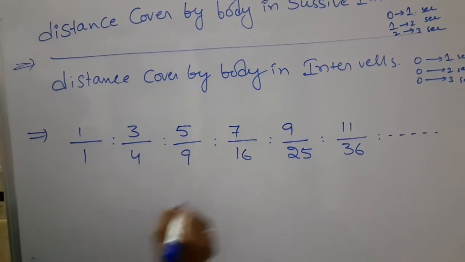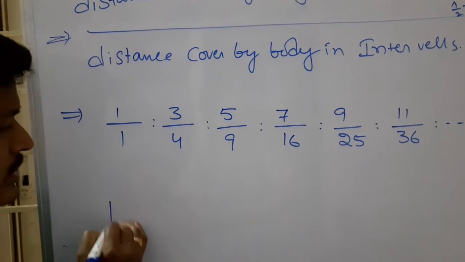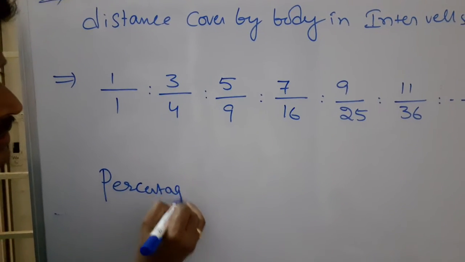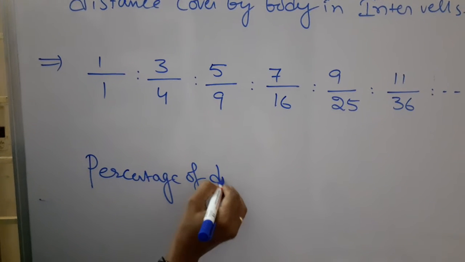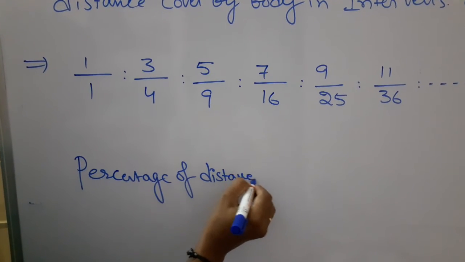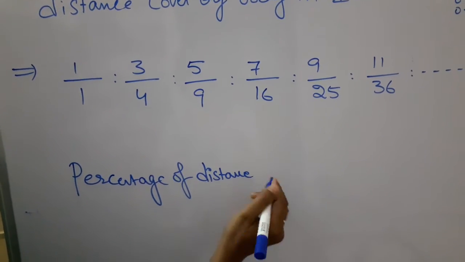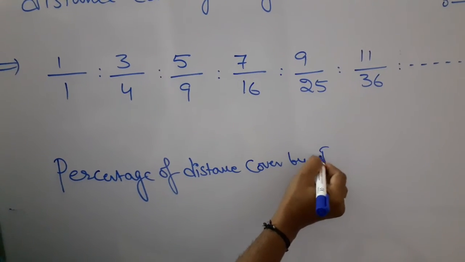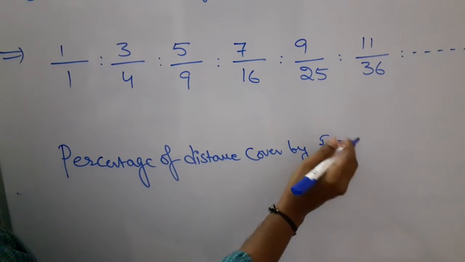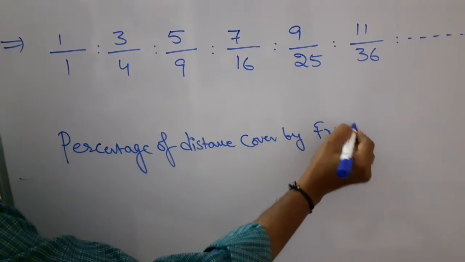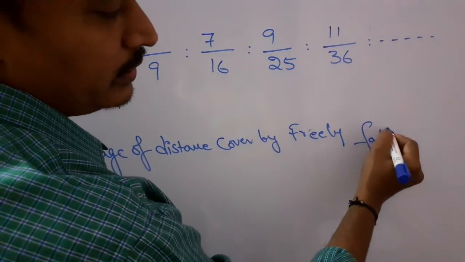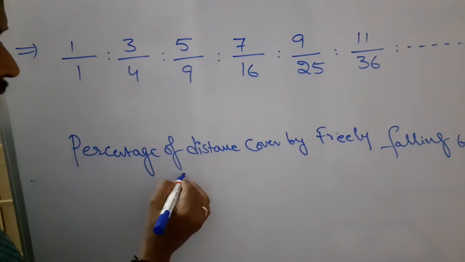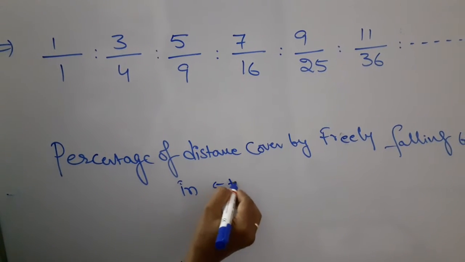Okay. So what is the percentage of distance covered by freely falling body in fifth interval?